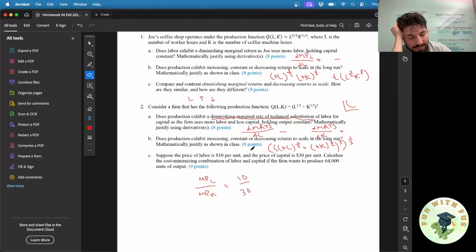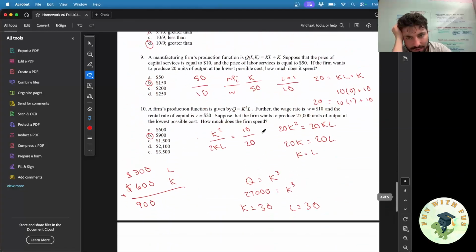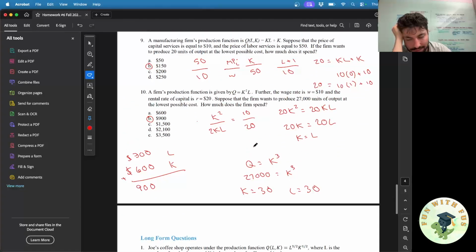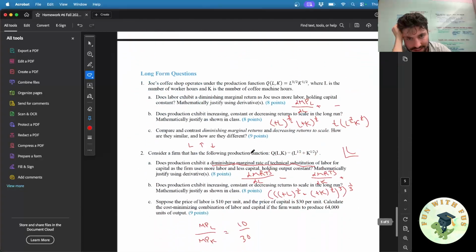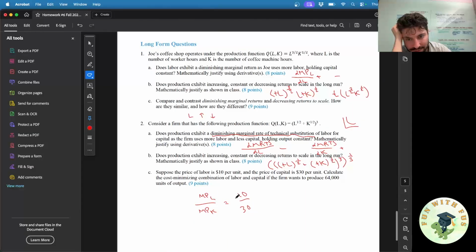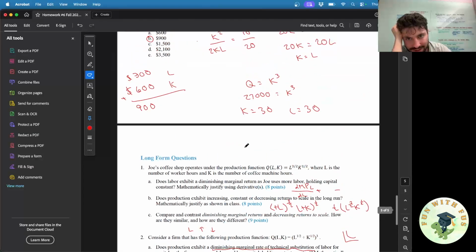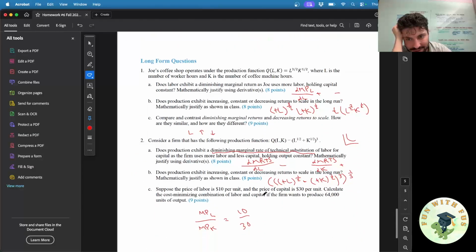It's the exact same steps you just did for this type of problem, I believe. So just copy what we did. Cross multiply, solve for one of them in terms of the other, plug back into your quantity function up here, and then make sure to set this quantity function to 64,000 because I want 64,000 units of output, and then do some solving.